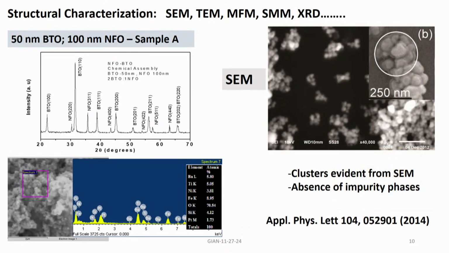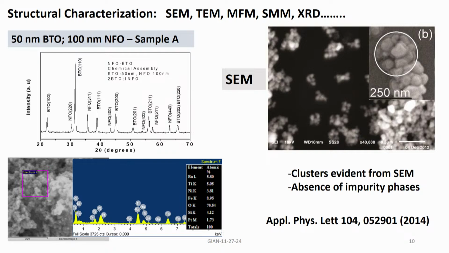And these are some of the X-ray diffraction. We made sure that we did not end up with any impurities, and this one is an SEM picture showing a core of nickel ferrite and a shell of barium titanate.